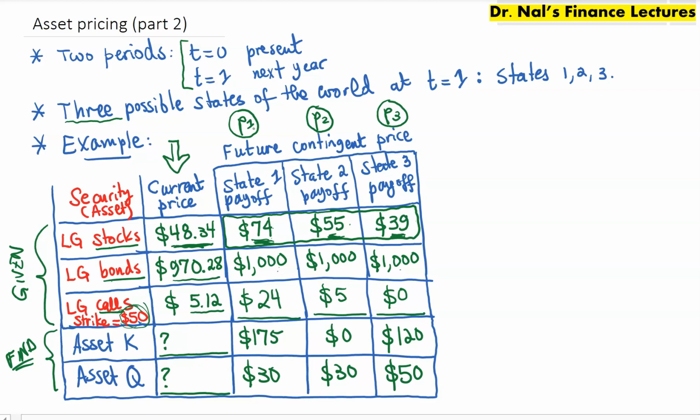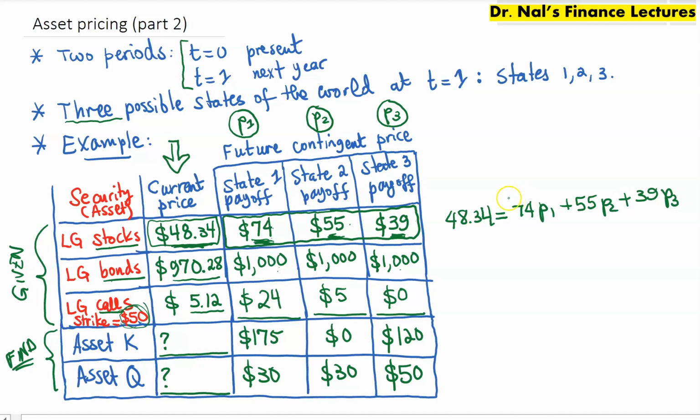And because I replicated that stock perfectly, its value should be equal to the $48.34 stock price, right? So basically the first equation will look like this. $48.34 is equal to 74 state 1 contingent claims, 55 state 2 contingent claims, for each one you paid P2, and 39 state 3 contingent claims.